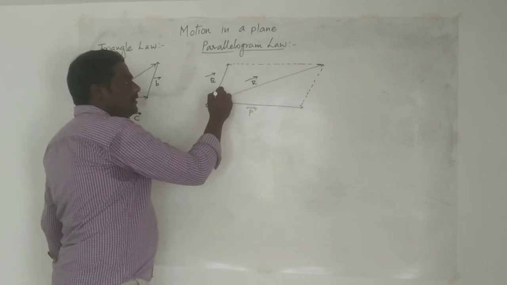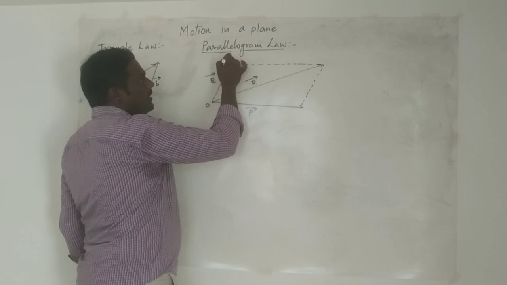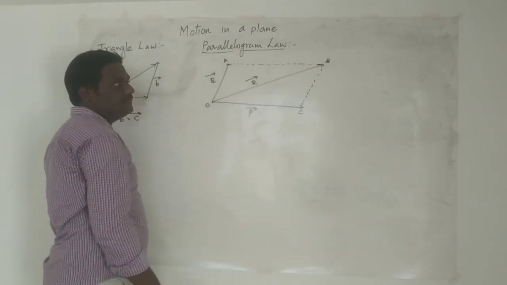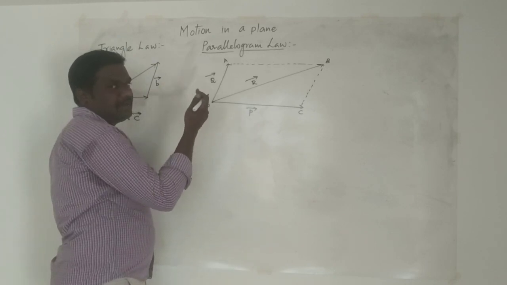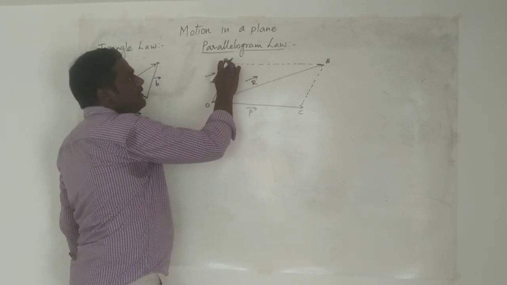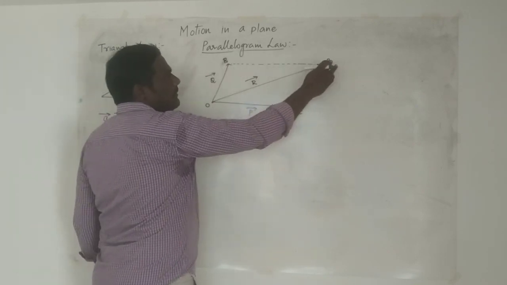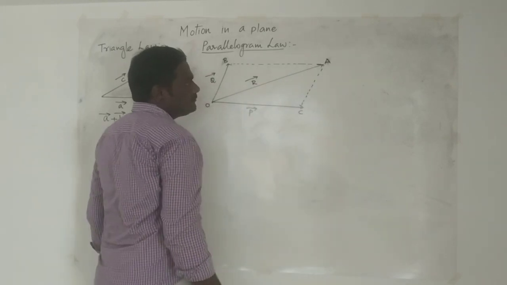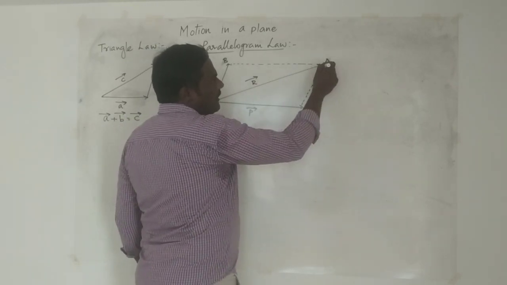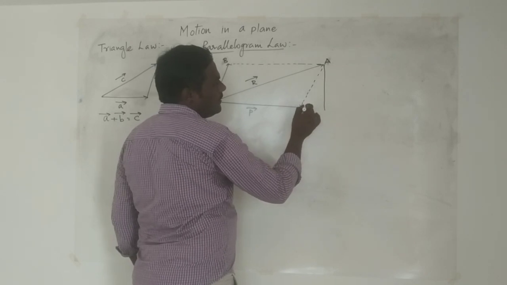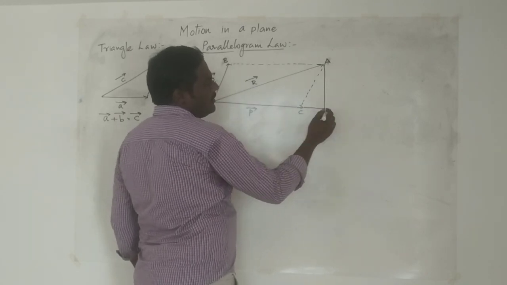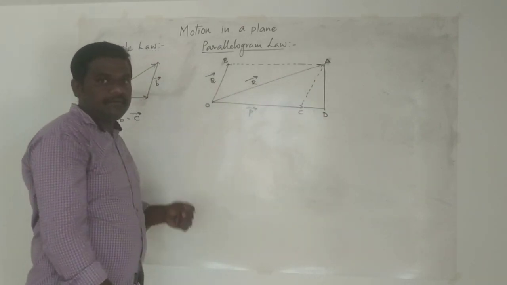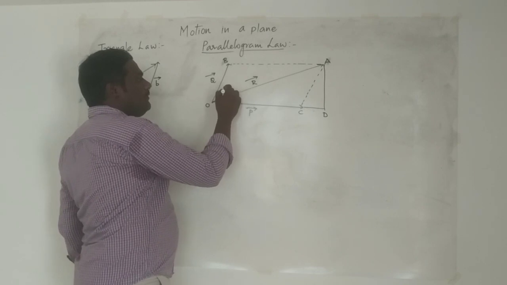So for that, let us start naming the vertices. Let's say O, A, B, C. Some changes might be there in the vertices. For convenience, I'll take this as B, as per the material, and this is A. Now, to complete the derivation, I will construct one more triangle here by extending the side OC until D. Now D is a perpendicular drawn from A. Now assume the angle between the two vectors is theta.